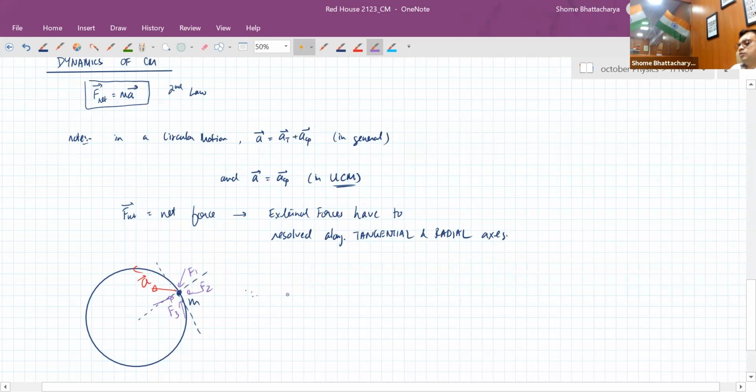So the forces have to be resolved along theta cap and r cap, because the net acceleration is the sum of these two components, which are respectively along these unit vectors.